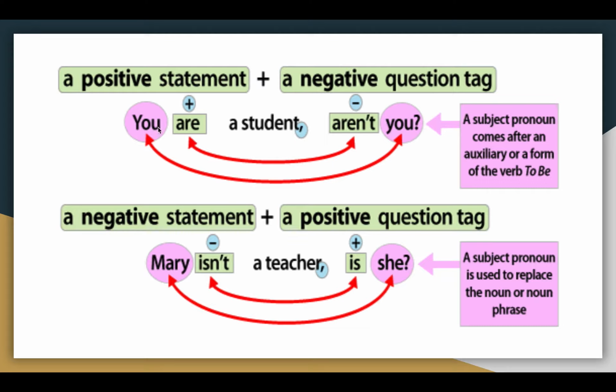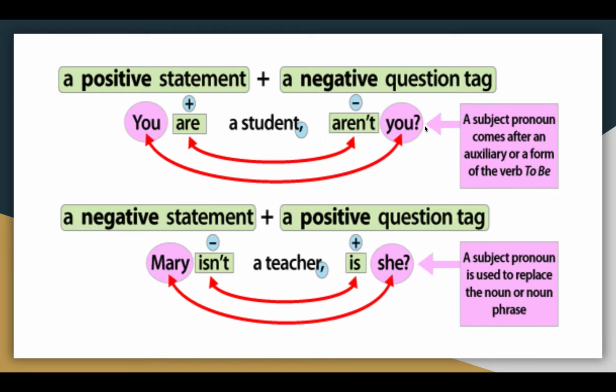Again, you are a student, aren't you? So this is your subject, right? And then it comes after an auxiliary or a form of the verb to be. So this is your be verb, and this is your subject pronoun.